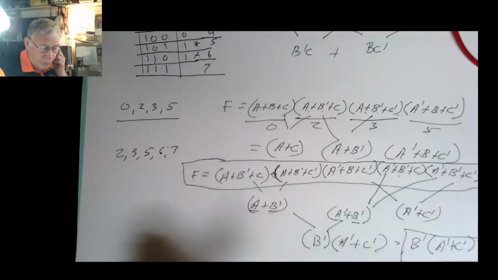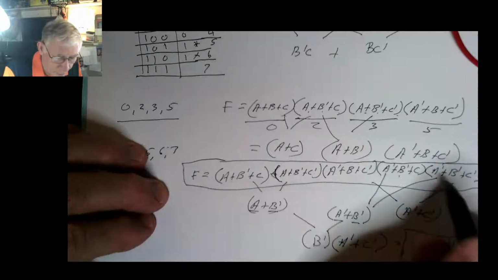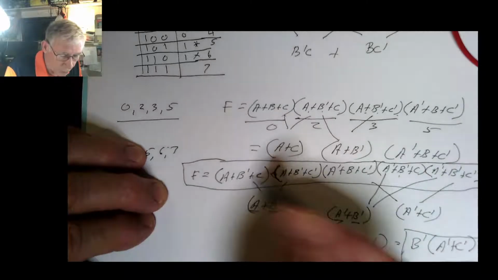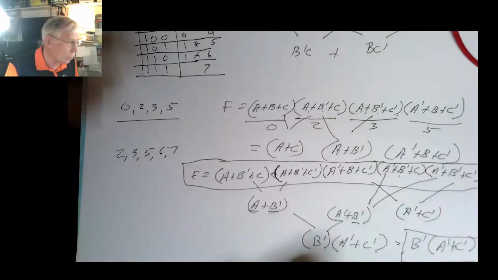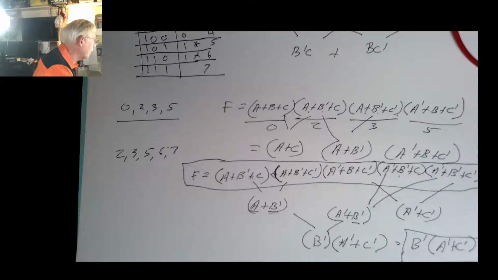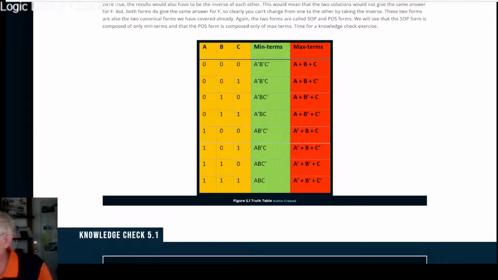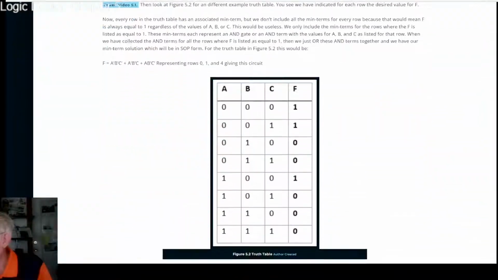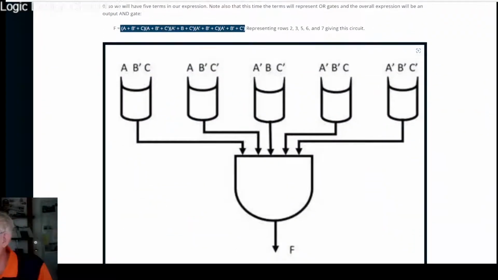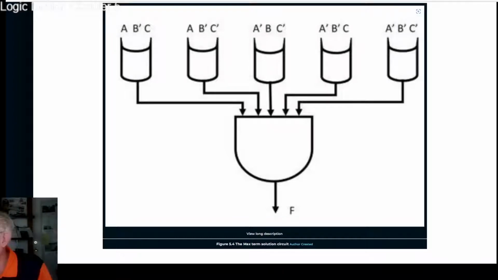And that's simplified, but of course our unsimplified solution would require 1, 2, 3, 4, 5 OR gates. And that's what I put in the book. So let's look at that. And it's right here. 1, 2, 3, 4, 5.